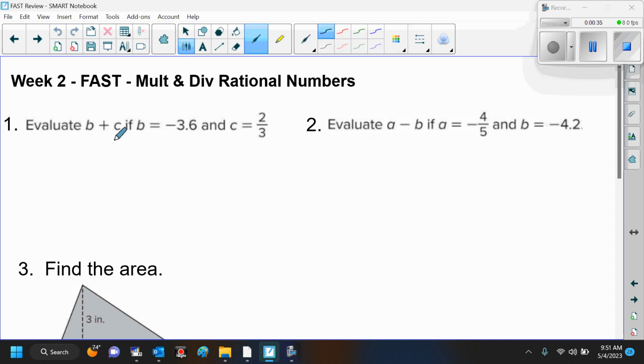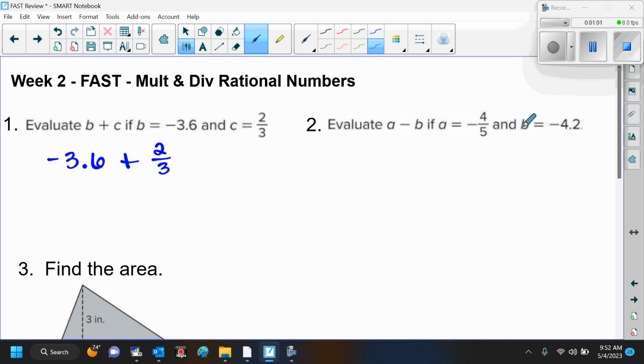Okay? So for B, we're going to put a negative 3 6/10. So that's negative 3.6 plus C, which is 2/3. Now, when we do this, you can change these all to fractions or you can change them all to decimals.